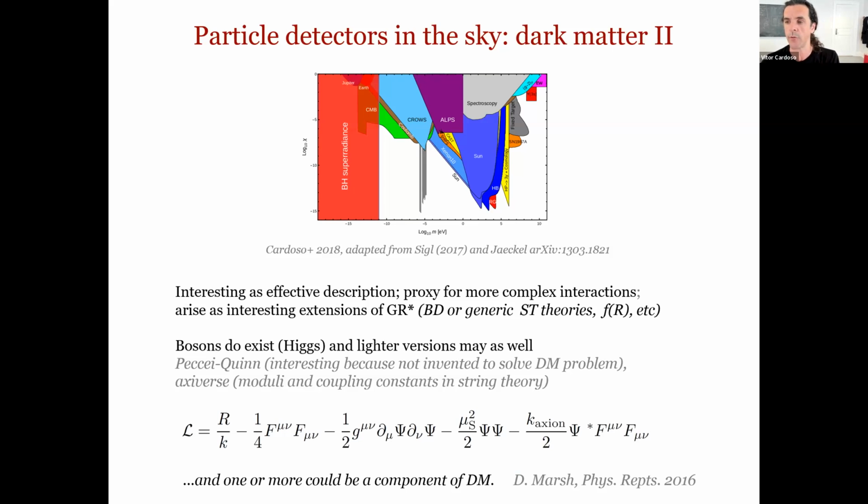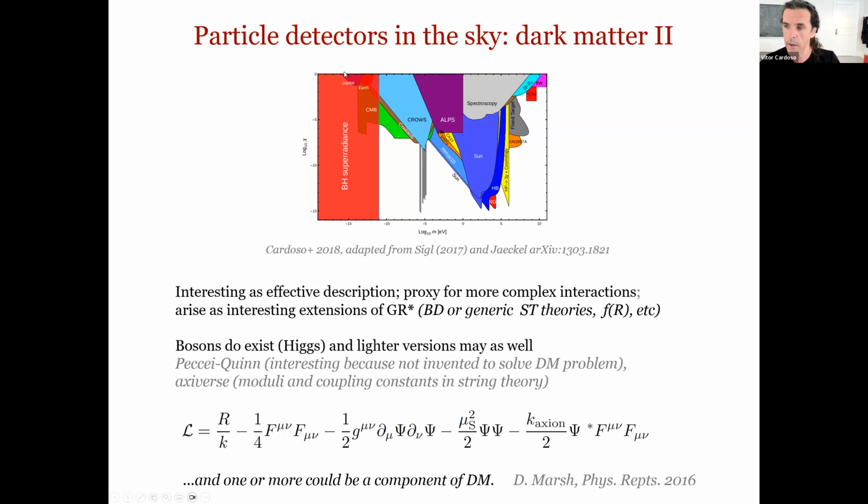Now, the reason to do this, of course, I don't think I need to explain, is because we still have no idea what the nature of dark matter is, okay? It could be primordial small black holes, but it could also be new degrees of freedom. And the way we have to constrain these new degrees of freedom is to assume they couple to the standard model.